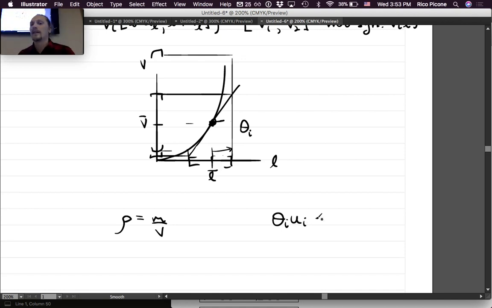Okay? Theta i is the slope in multiple functions. Theta i is equal to the partial of whatever the function is, so V in this case, with respect to whatever the variable is. So if the variable is called x, then x i. You take the partial with respect to that variable at the operating point. That's the slope. That's what's called sensitivity.